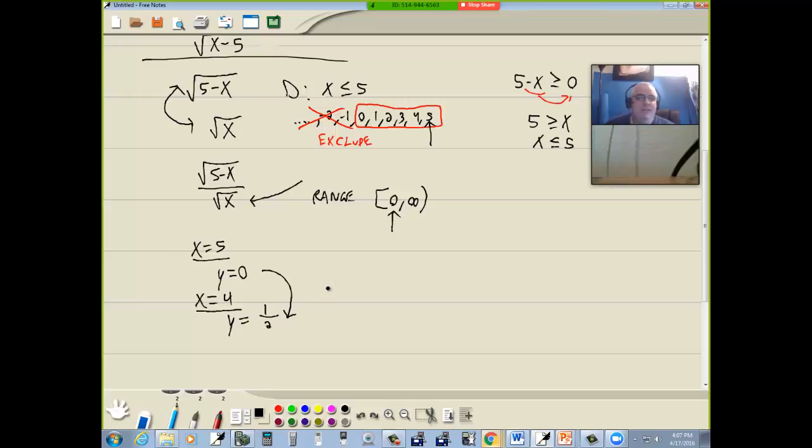If you have a graphing calculator, then you could plug it in there and see what the graph looks like.